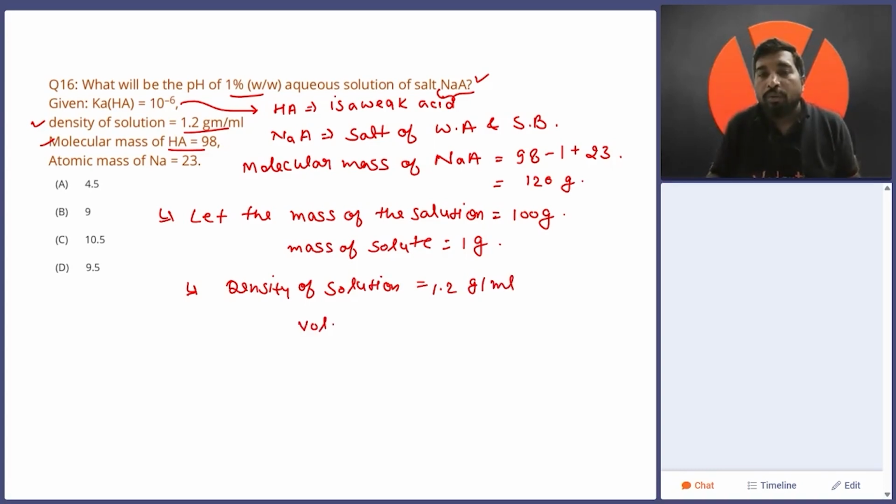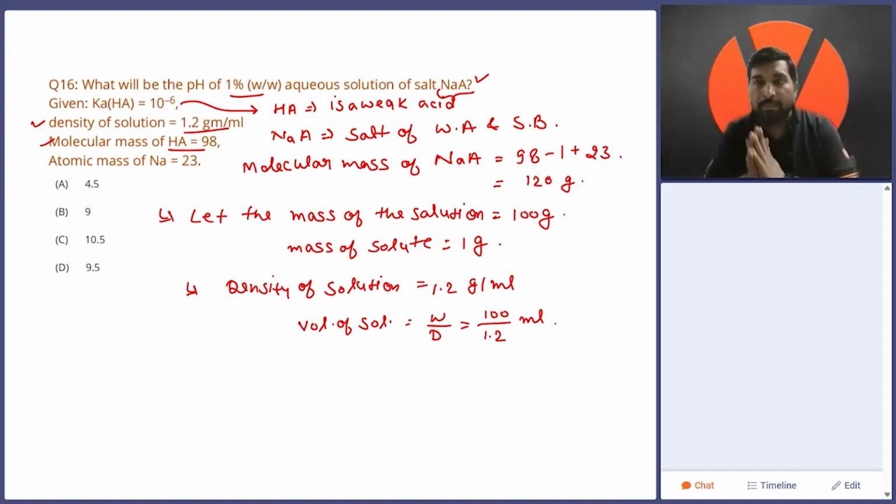So the volume of solution, as you know, density is equal to mass upon volume. So the volume of solution is equal to mass of solution divided by density of the solution. The mass of the solution we consider 100 gram, and the density is 1.2. So the volume of solution is 100 upon 1.2.